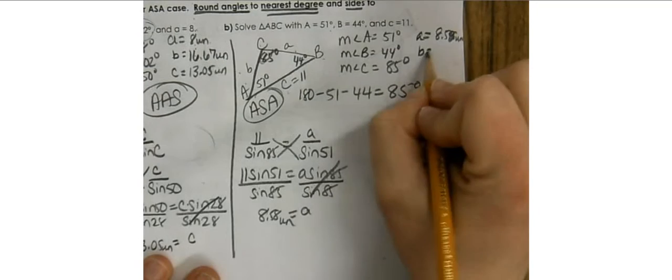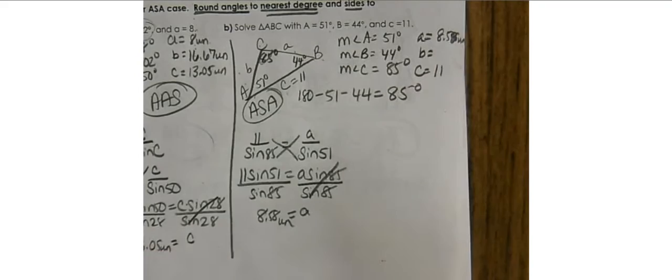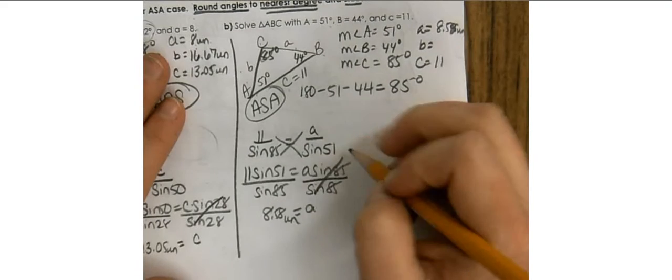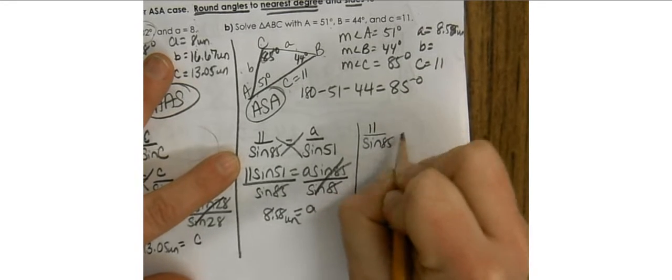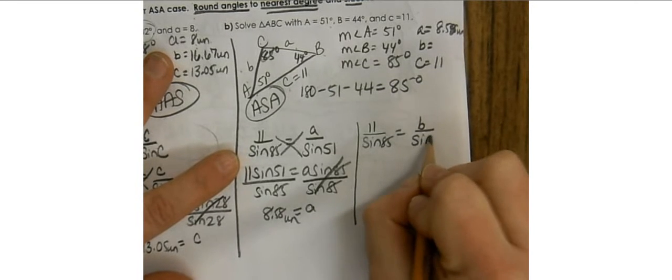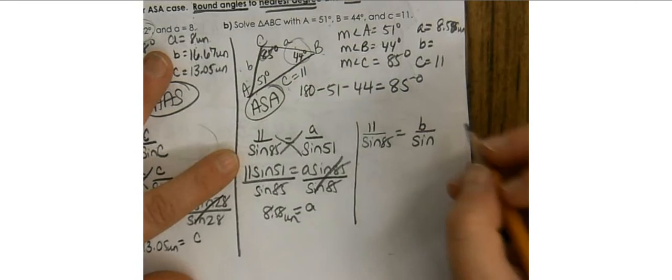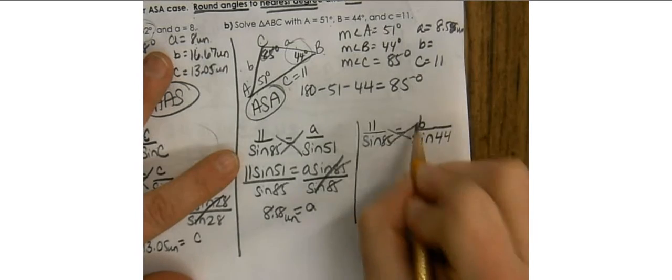Little b, I don't know what that is, but I do know that little c is equal to 11. So I have to find what little b is. So I'm going to work with my given information again. So I have 11 divided by the sine of 85, and now I want to find what b is. So b is going to be divided by the sine of angle b, and the sine of angle b is 44. So this is the sine of 44 degrees. And once again, I'm going to use cross product.